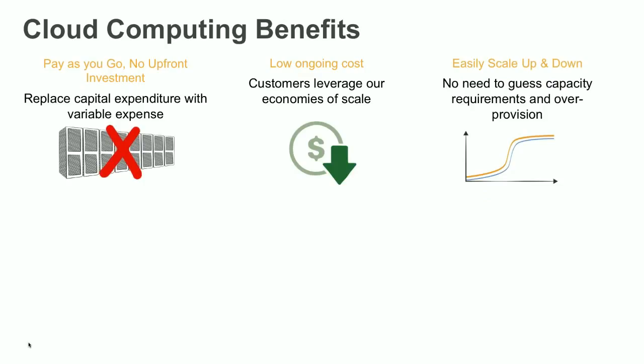For things like internet-facing applications, whether it might be your e-commerce site, your web application, your mobile application, or even your IoT platform, you don't have to try and guess what the capacity requirements are for your IT infrastructure. The IT infrastructure will be able to grow and shrink as demand increases and demand subsides.